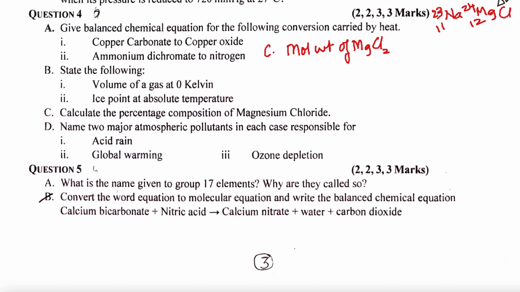And Cl is 35.5 17. Correct? So this will be Mg means 24 plus 2 into bracket what? 35.5. That will be 24 plus 71. How much is that? 95.